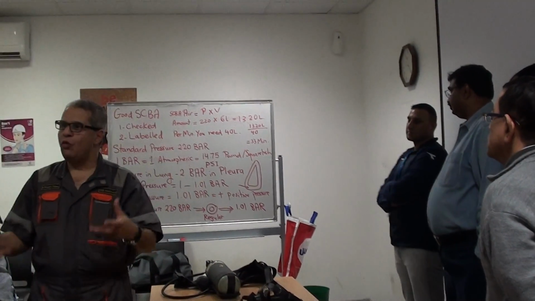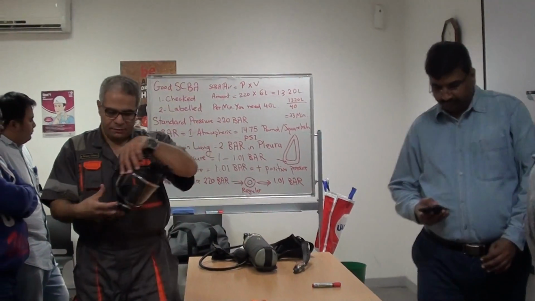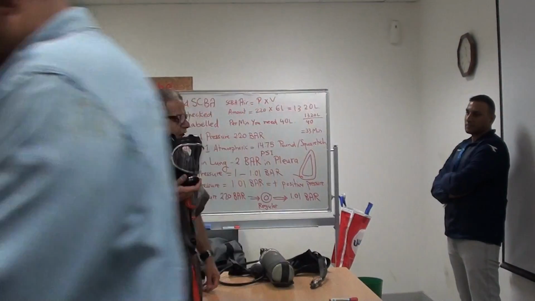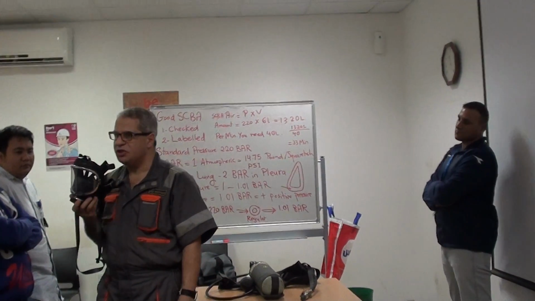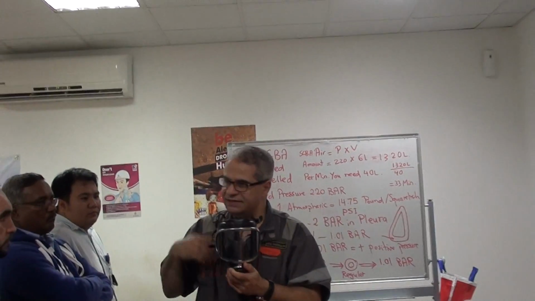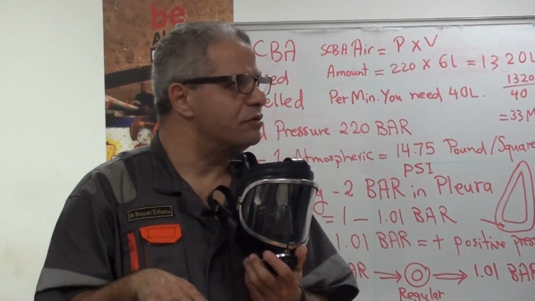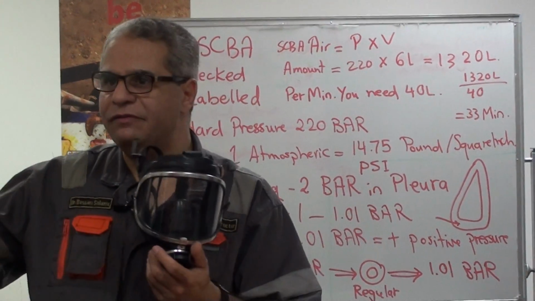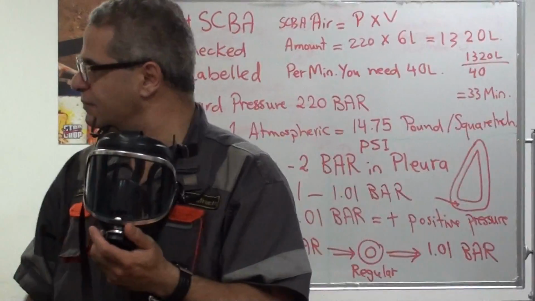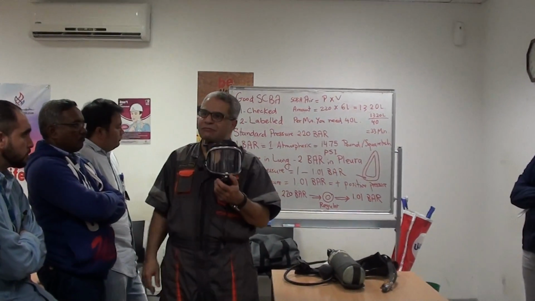Why do we need a positive pressure inside the mask? Because the mask is aimed at protecting you from the noxious gases, from the toxic gases. If the pressure inside the mask is the same as outside, or a negative pressure, gases will move in one direction, from outside in. But if we increase the pressure a little bit to 1.01 bar inside the mask, we create a positive pressure chamber.